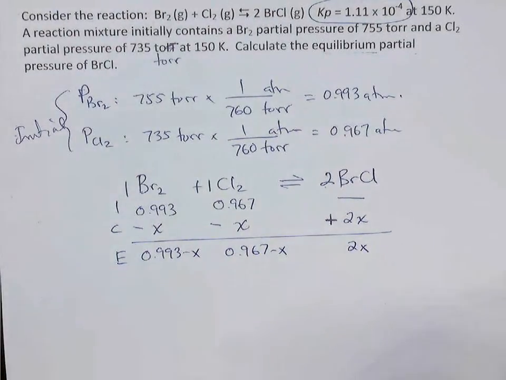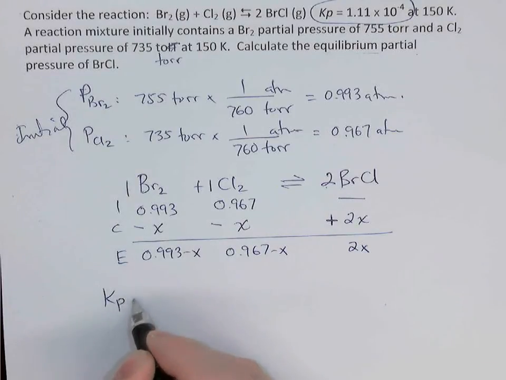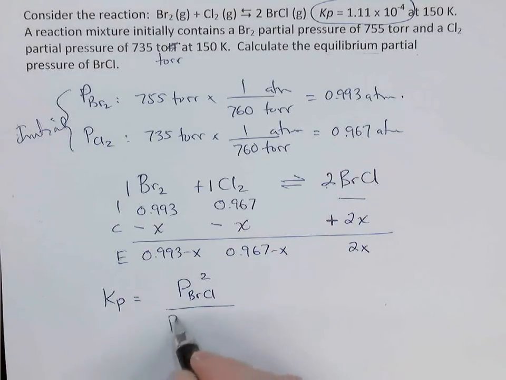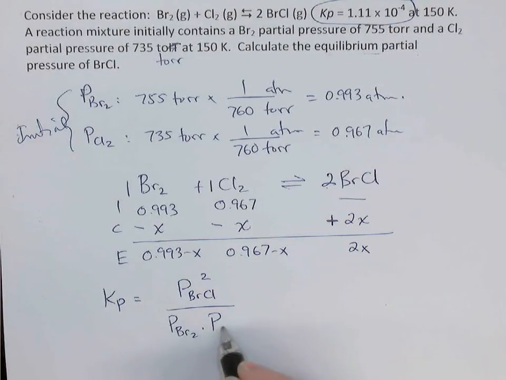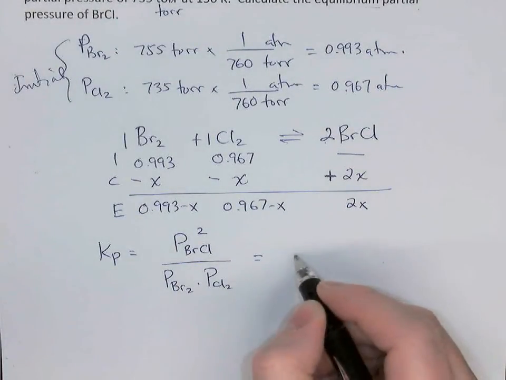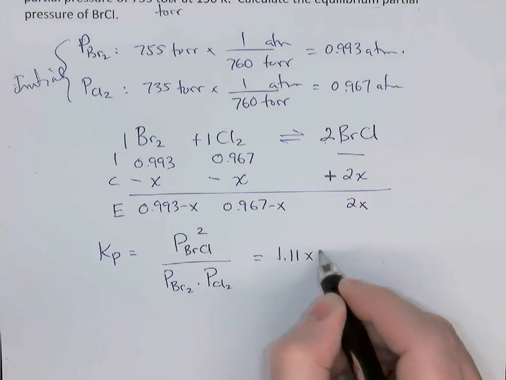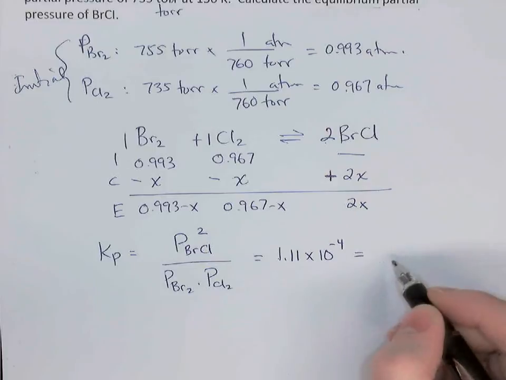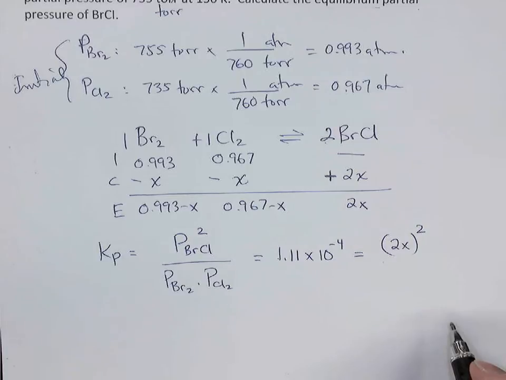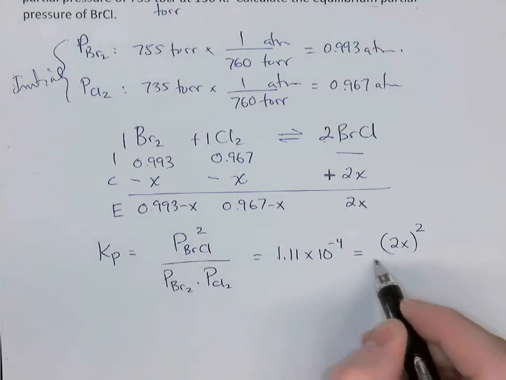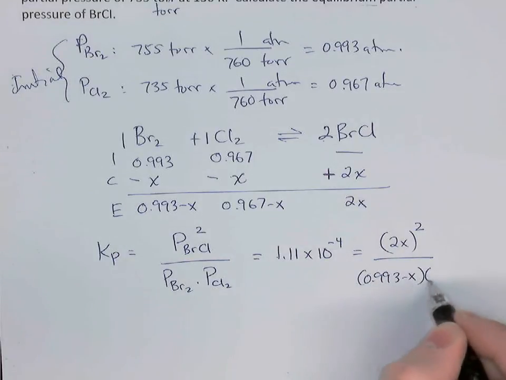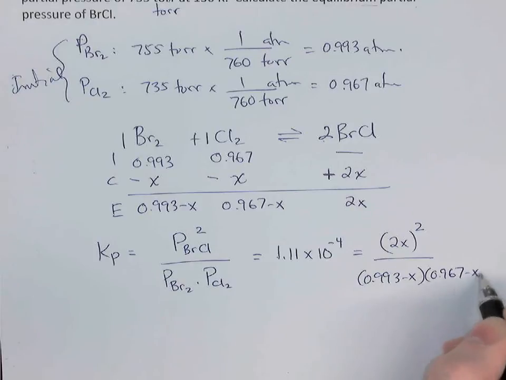Now those are pressures. So if we set up our Kp expression, pressure of BrCl squared over pressure of bromine times pressure of chlorine, and now let's substitute the Kp value was given up above as 1.11 times 10 to the minus 4, and that's got to equal (2x), careful here, squared, so put it in brackets, it's not the same as just 2x squared, divided by 0.993 take away x times 0.967 take away x.